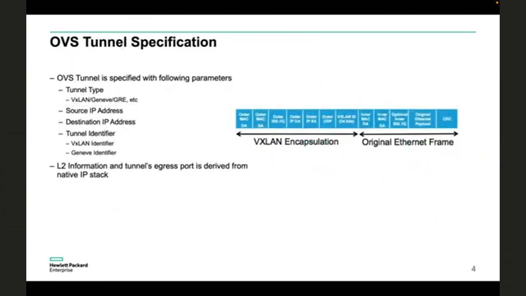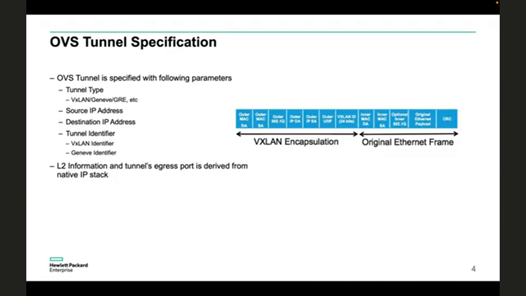On the right side, you can see a picture of the VxLAN packet format. It has the original user packet and the encapsulation header, which can be subdivided into layer 2, which is the source and destination MAC address and VLAN ID; L3, which is the source and destination IP address; and tunnel information like tunnel type and tunnel identifier. Currently, to create a tunnel, OVS expects the user to provide L3 and tunnel information alone.